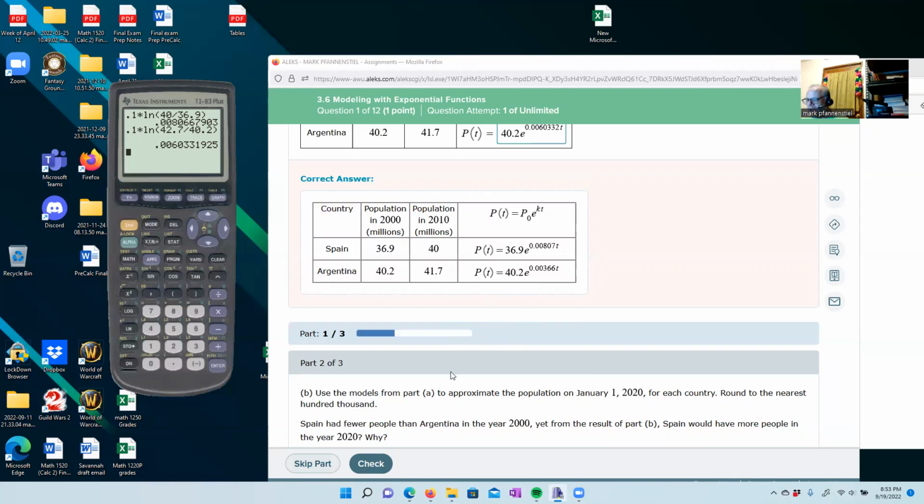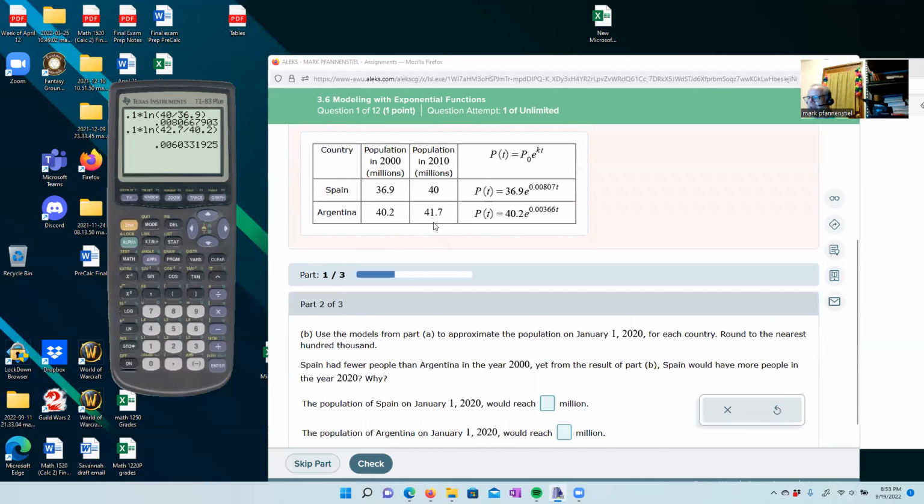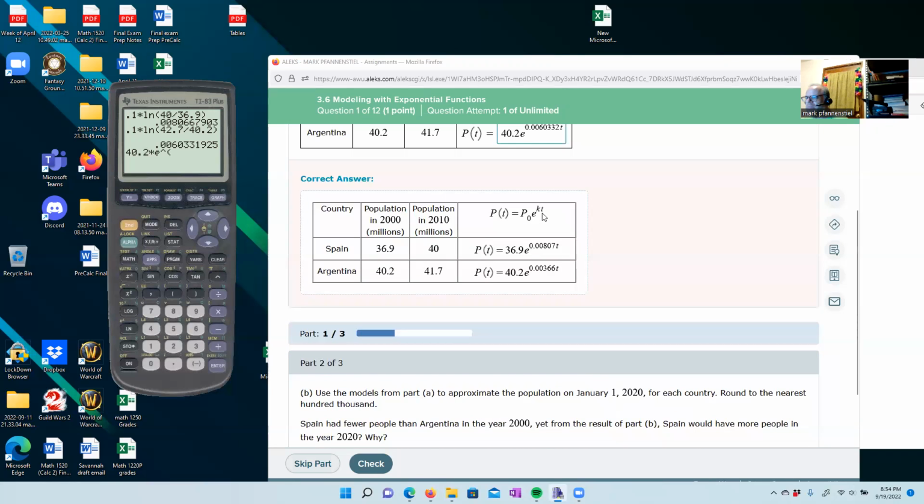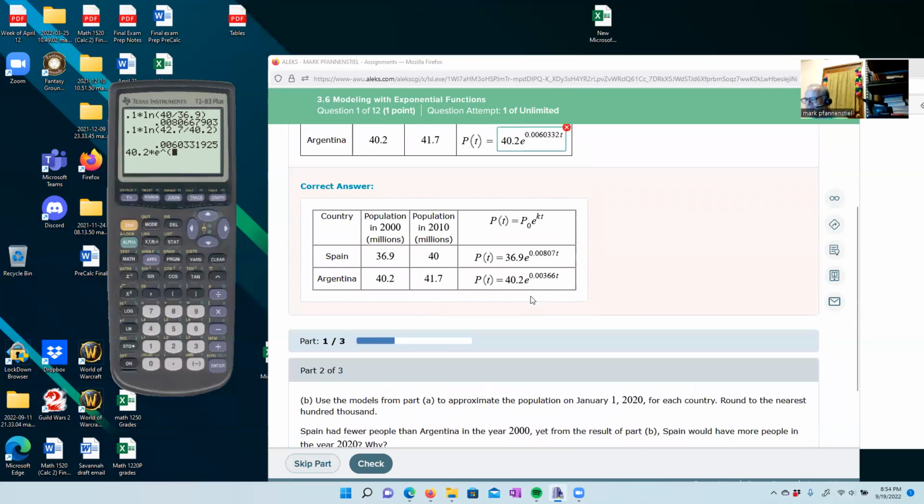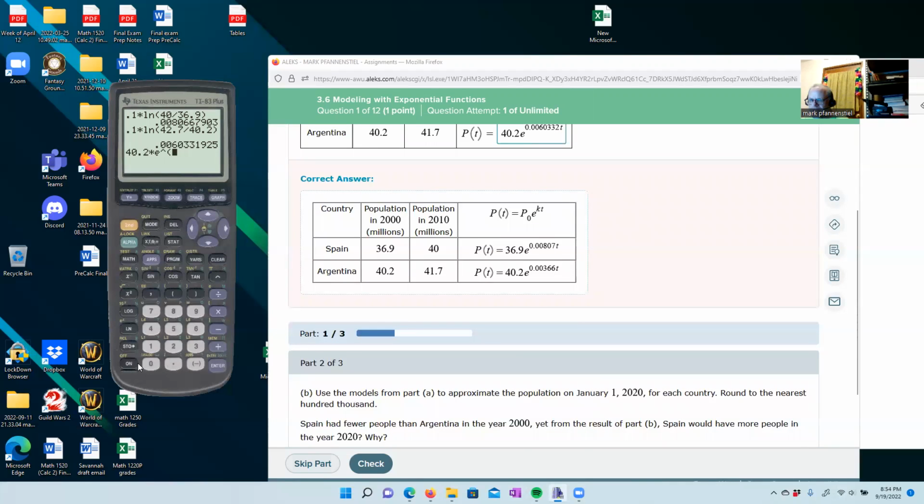So for Spain, we're going to have 40.2 times second function ln, which gives us the e. I'm just going to use their values there. They gave me the answer: 0.00366, times 20.